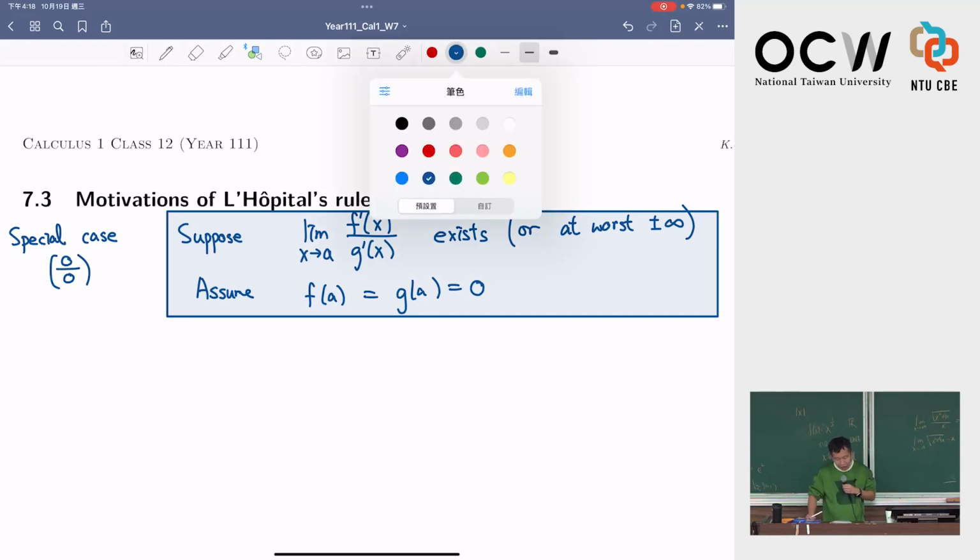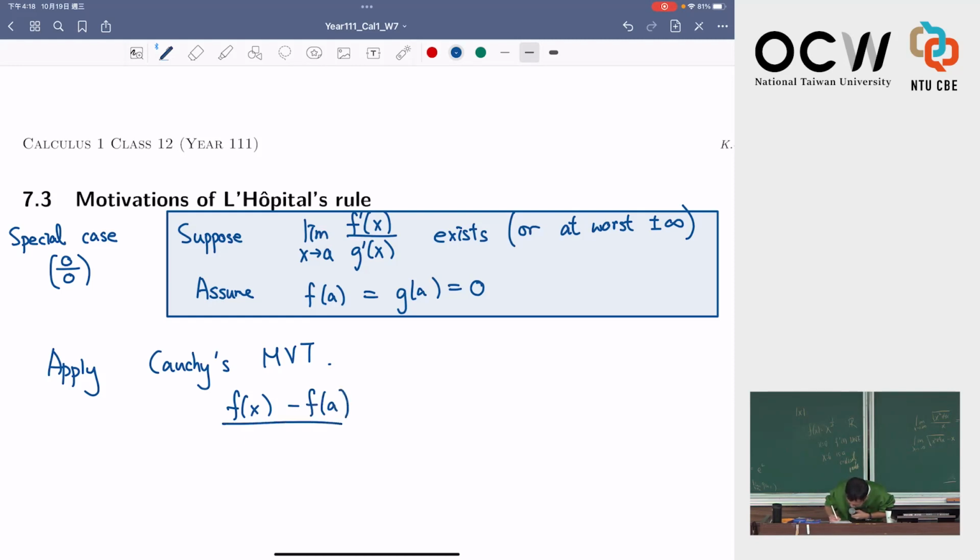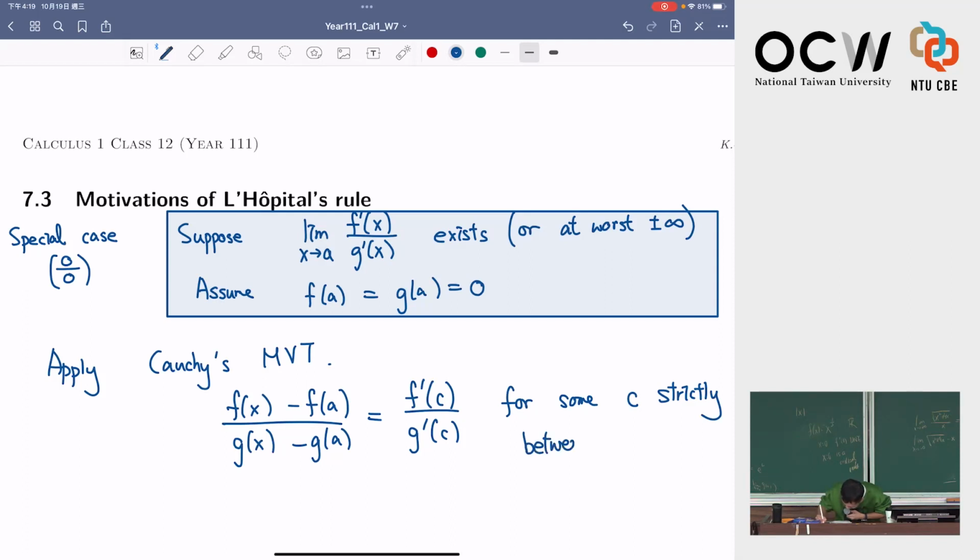So what is the L'Hopital rule? L'Hopital rule concerns the limit of f of x over g of x. But let's do it slowly, okay? So if I apply the Cauchy MVT, then I have f of x minus f of a over g of x minus g of a equals f prime c over g prime c for some c strictly between a and x.